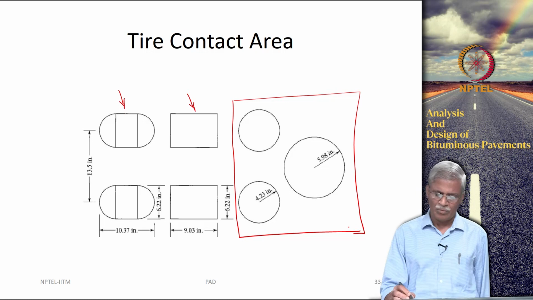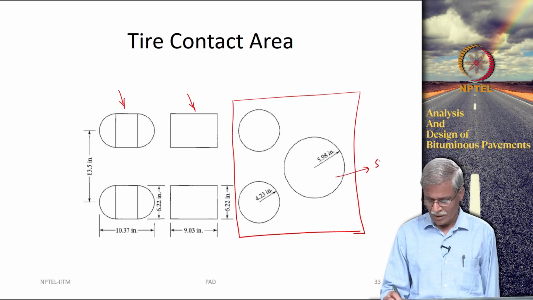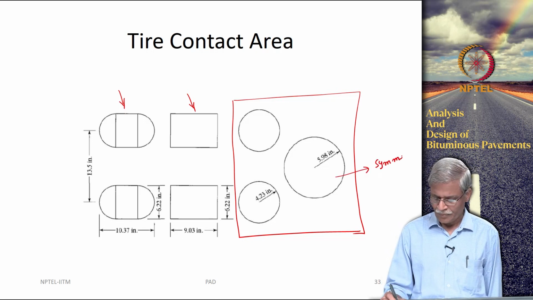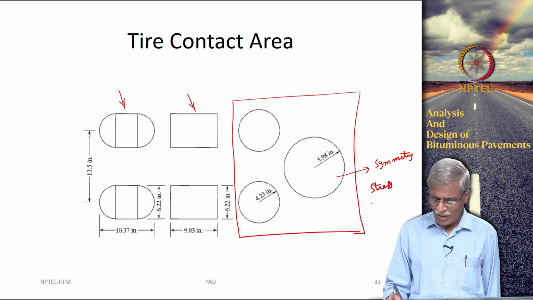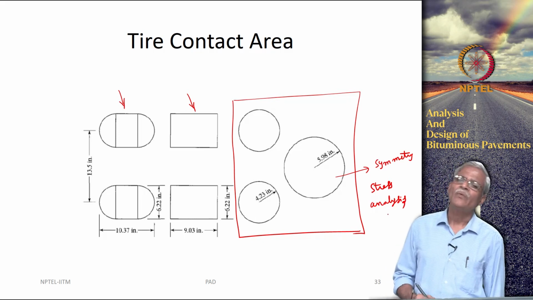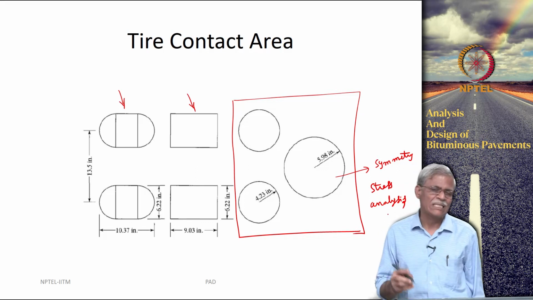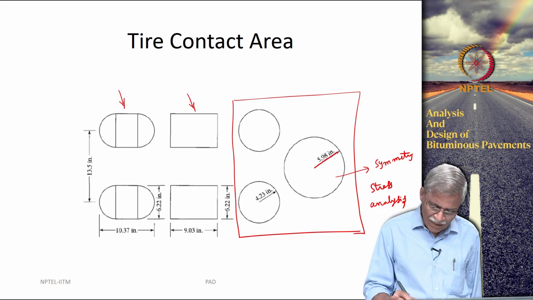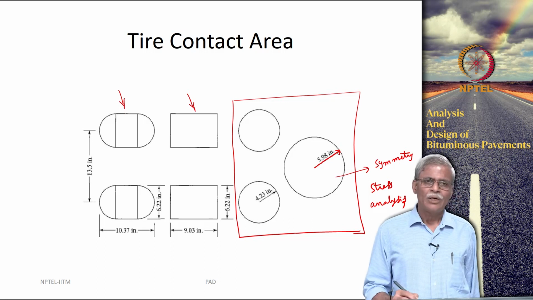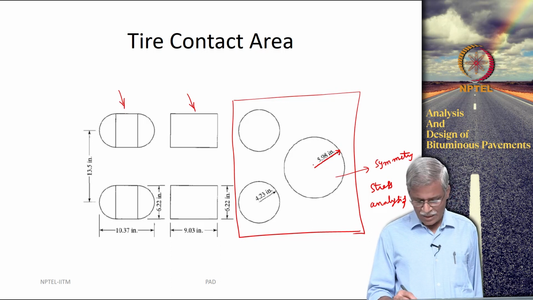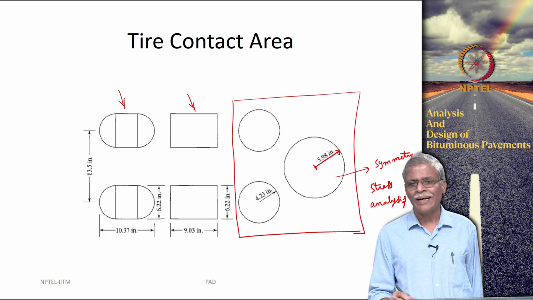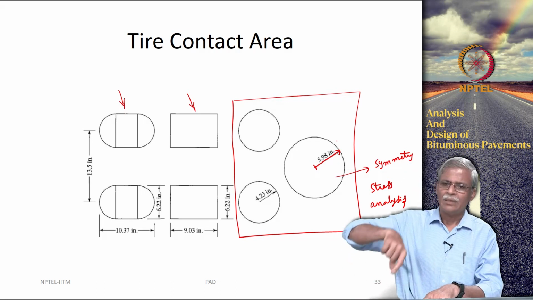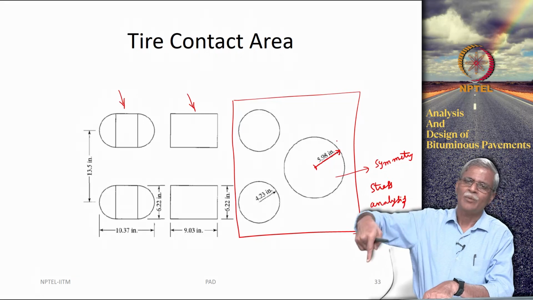Why? Because there is a symmetry here. Our life becomes very easy when we are going to do the stress analysis part, because since there is a symmetry here, all I really need to do is compute the stresses and strains across one radial direction, and this whole thing can be computed.